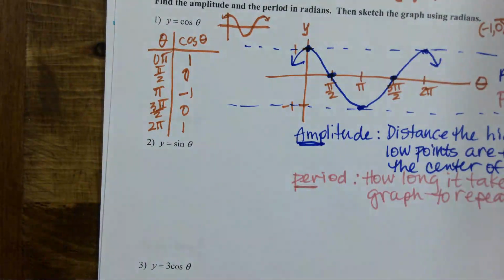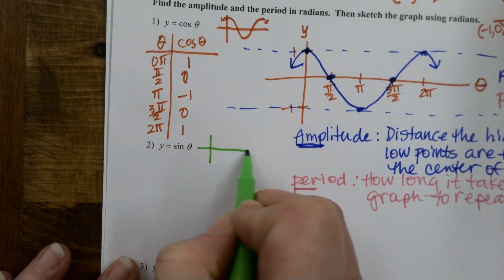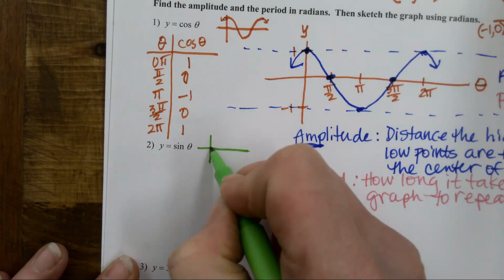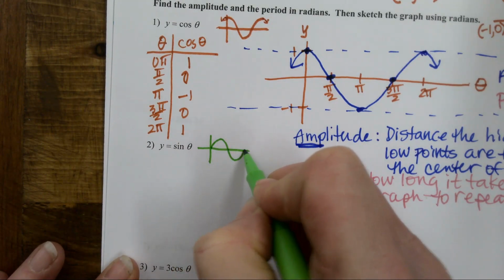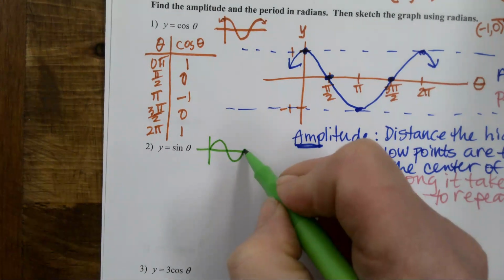So sine. Basic sine looks like this. And actually, I should add my little arrows.